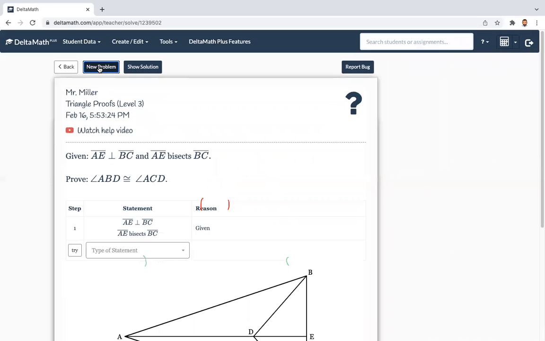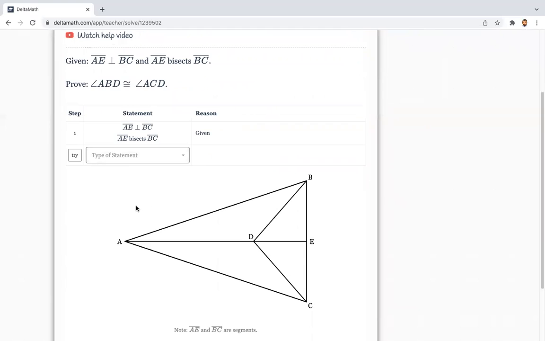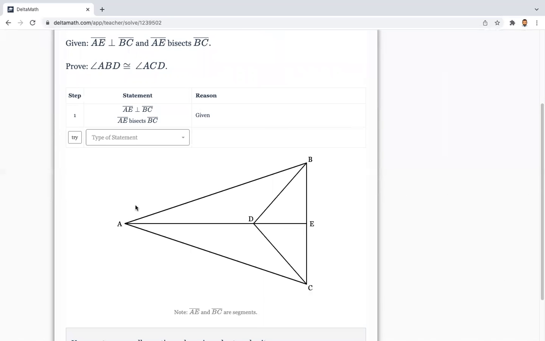All right. Next one, let's clear these annotations. Good. All right, so we're given that AE is perpendicular to BC. So this is perpendicular, mark my diagram. AE bisects BC. So this is congruent to this. And we're trying to prove ABD, so this to be congruent to this.